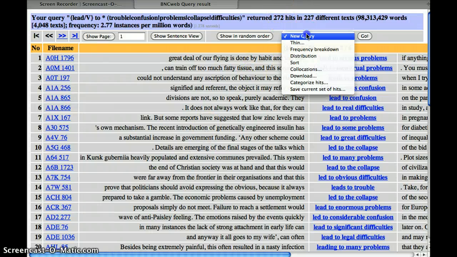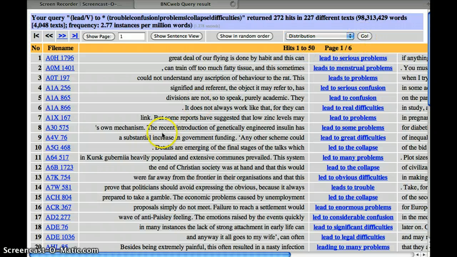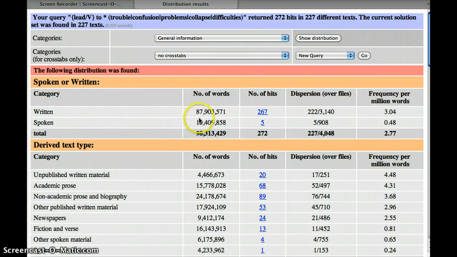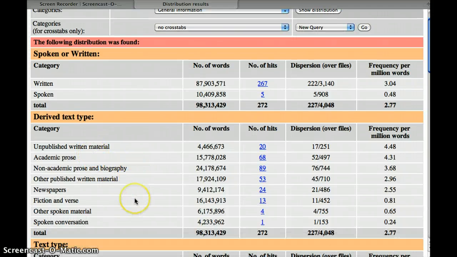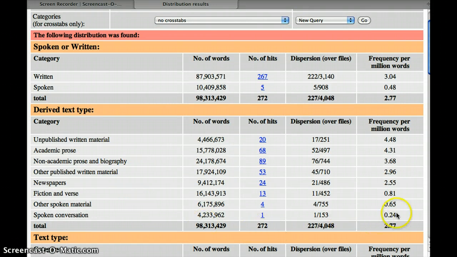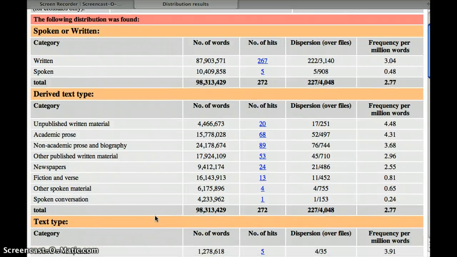Now that's really quite good, which means that we could probably have a look at the distribution and get a good idea of how this is used. Oh, it's very much written, we can see, and it seems to be more academic, unpublished. Spoken conversation, it doesn't happen at all. So we can see there's clear evidence that lead to trouble is not generally used in spoken conversation.